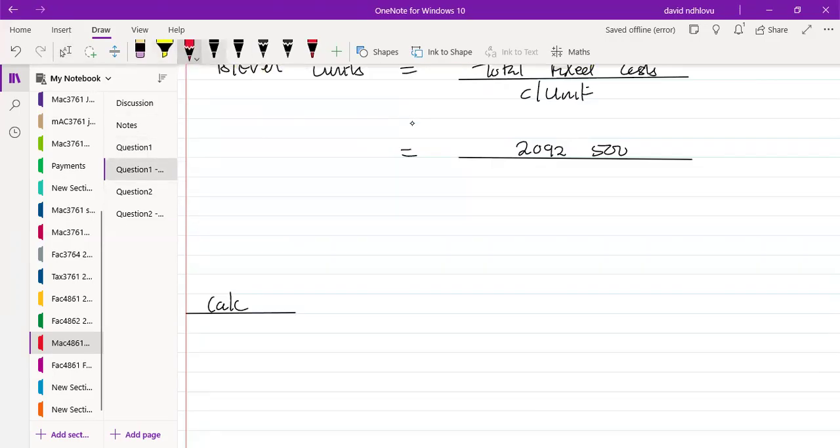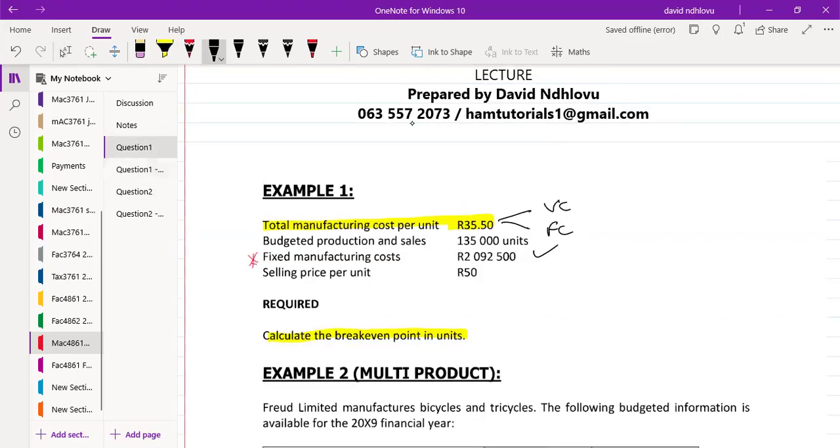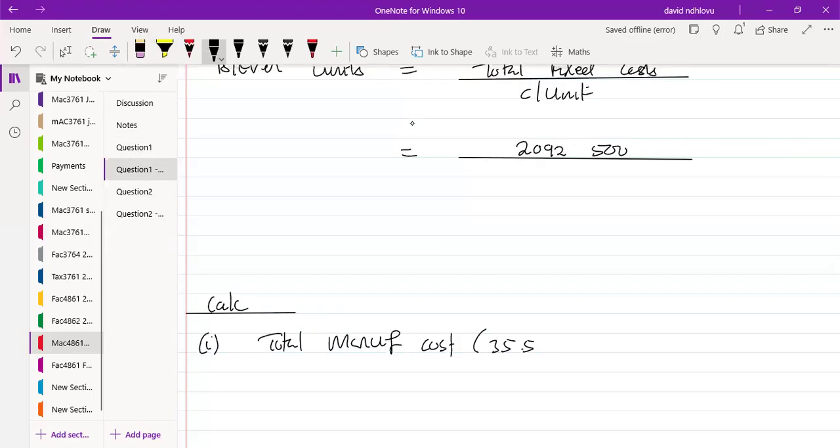So remember, we've been given the total manufacturing cost per unit. So what we can do is calculate the total manufacturing costs: 35.5 per unit multiplied by 135,000 units being produced. What it gives you is your total manufacturing cost, which means as an entity we've got 4,792,500 in total.